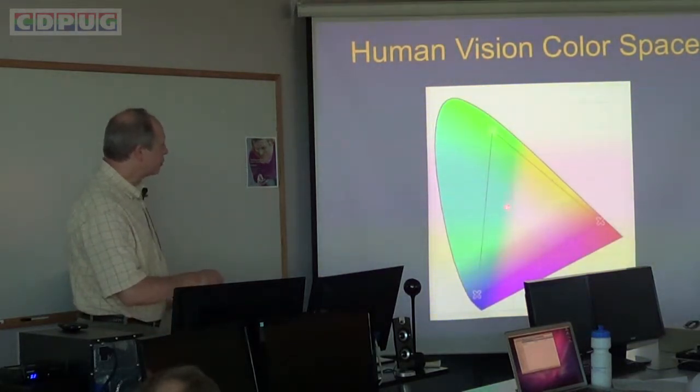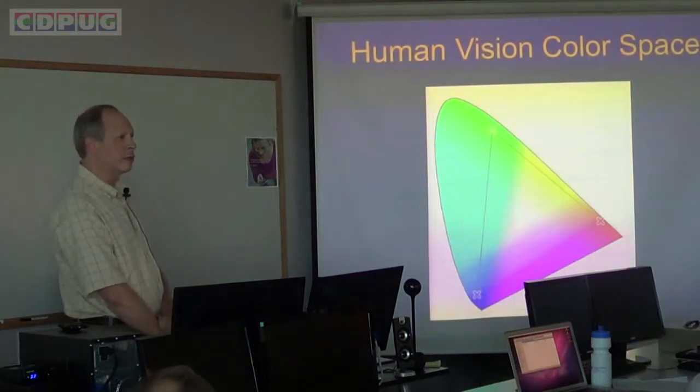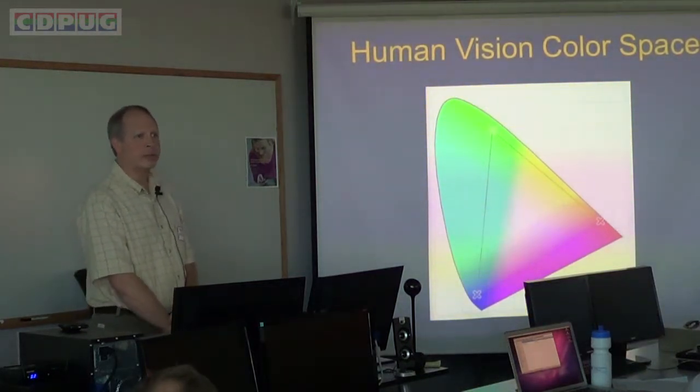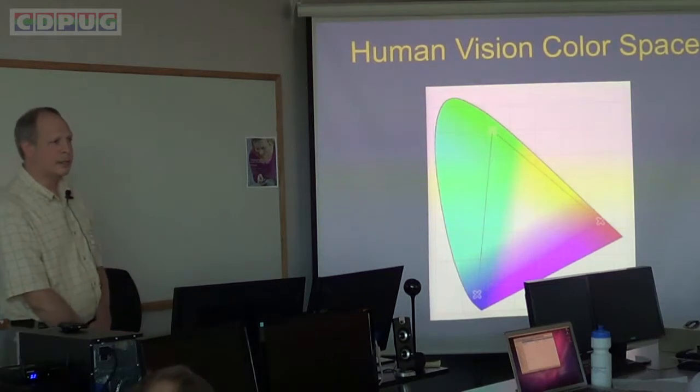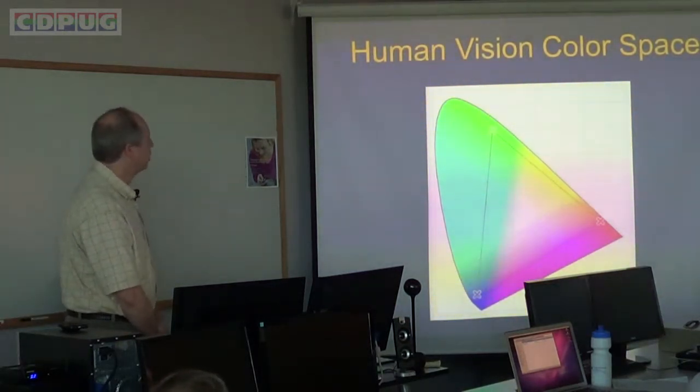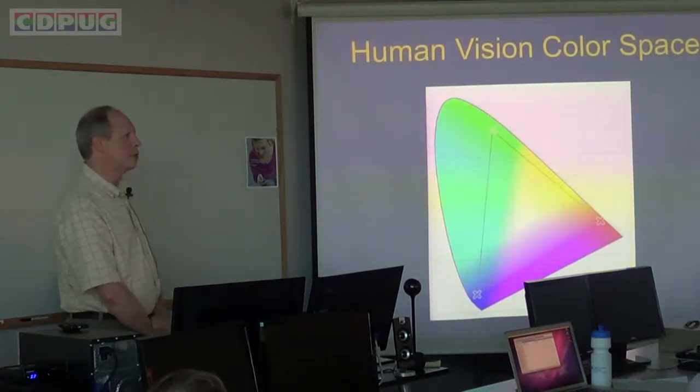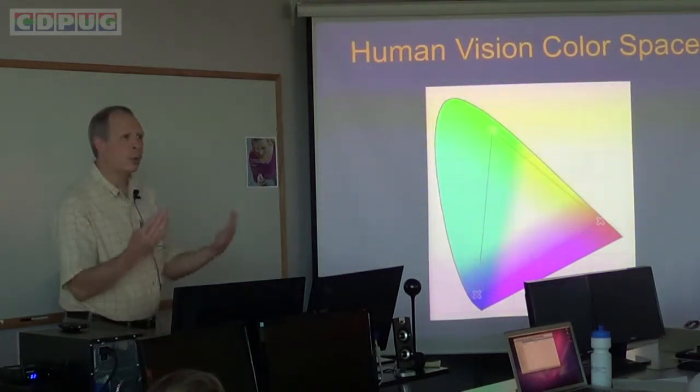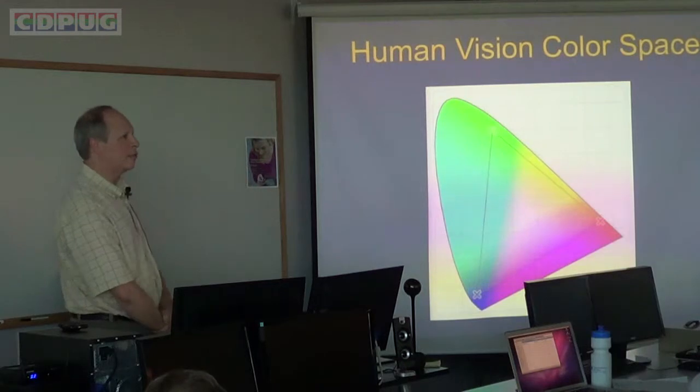And right here in the middle, this would be pure white. And these are all the various shades and hues and saturations of colors that the average typical human being can see. And color scientists studied this, they arrived at this long ago, and this is the accepted reference point for color management and for color spaces.